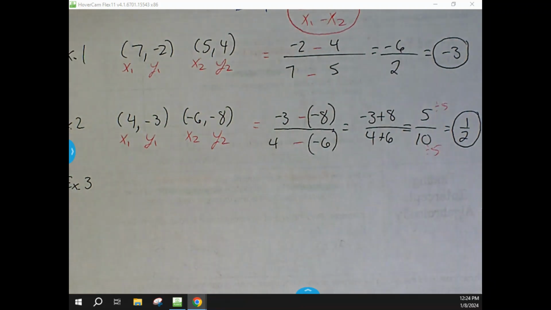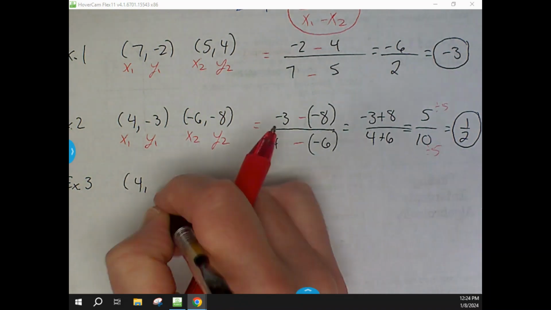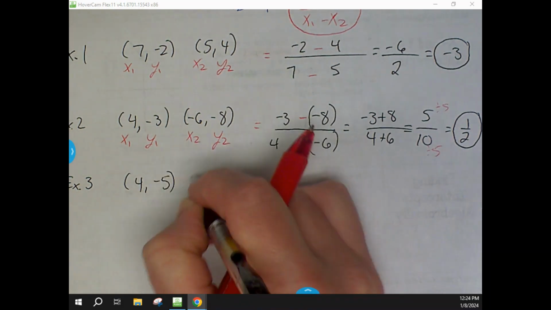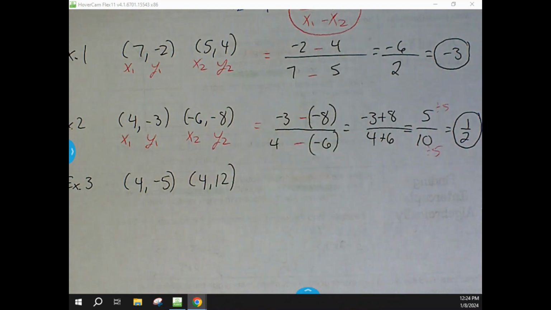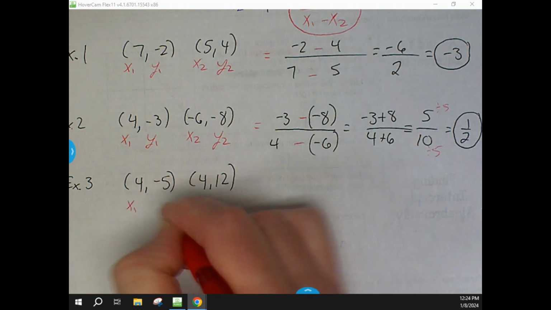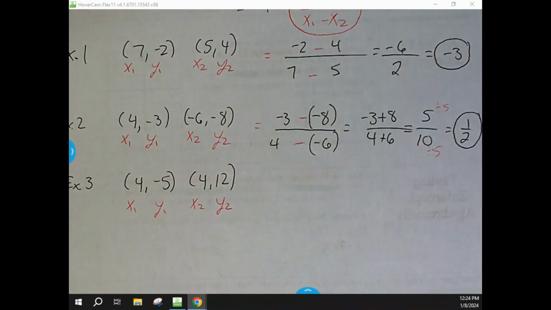For example 3. It's got a couple more to go, then we'll be good. We've got 4, -5, and then 4, 12. Okay, so there's x1, y1, there's x2, y2.